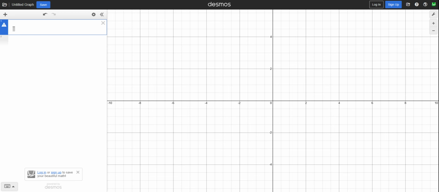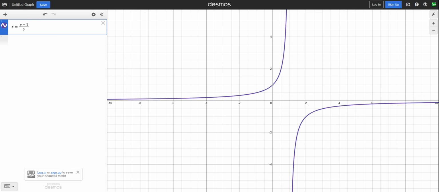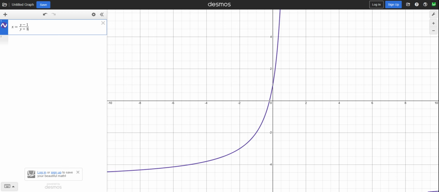So x equals, whoops, x equals y minus 1 over y plus 5. Ignore the graph going on.